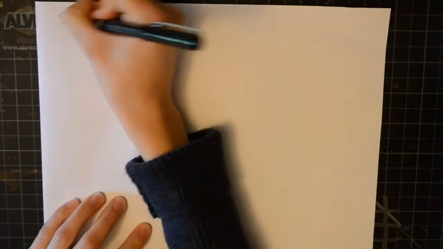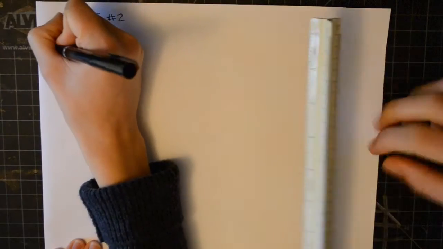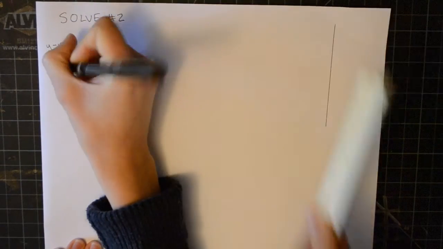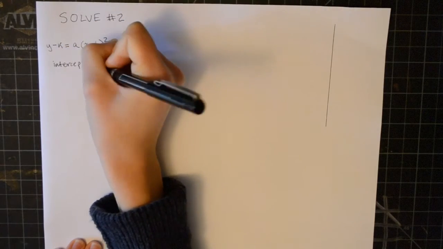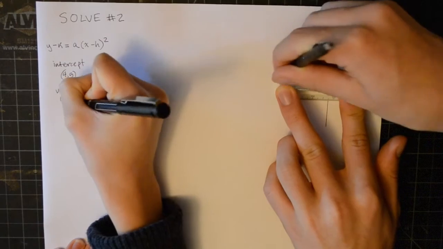Solving 2. Another way to solve for a parabola is through the use of the vertex and a point on the parabola itself. Given the points (1, 0) and (4, 5), one can use the equation y minus k equals a(x minus h) squared to determine the parabola.